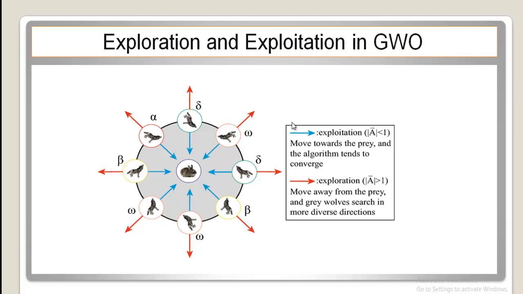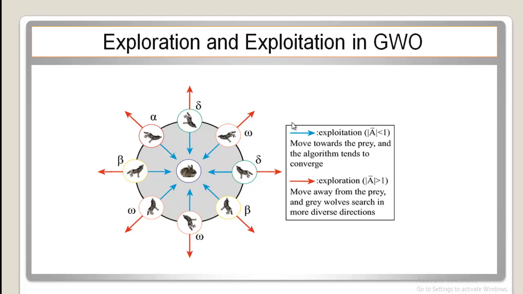This is where the agent is moving away to search in more diverse directions, ensuring that the algorithm doesn't miss any opportunity that lies outside the immediate position of the current best solution.